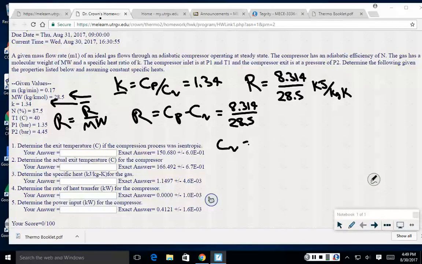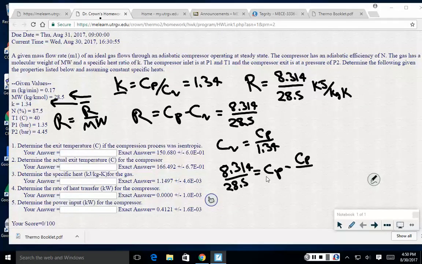So Cv equals Cp divided by 1.34, and then write the second one as 8.314 divided by 28.5 equals Cp minus Cp over 1.34, or Cp times (1 minus 1 over 1.34), and then solve for Cp. And if you do that, you should get 1.1497.